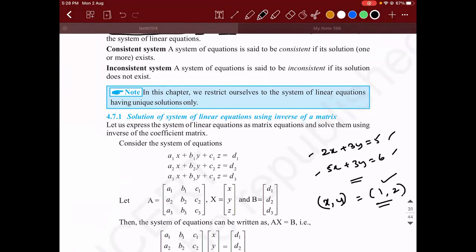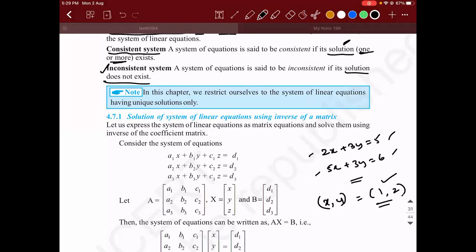That system can be called a consistent system if its solution, the value of x comma y, exists. If it has one or more solutions, then you can say it is a consistent system. It is an inconsistent system if the system of equations does not have a solution.